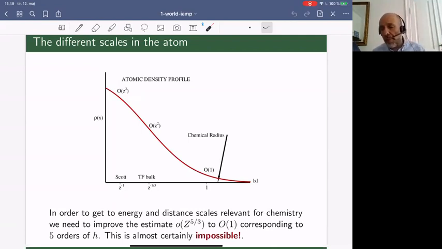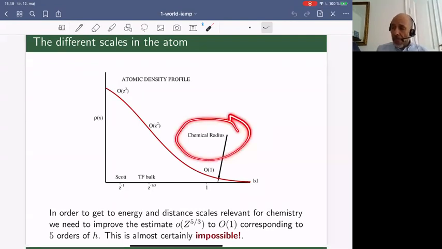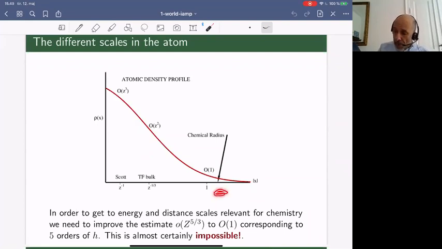And then when you sum them all, it converges. However, chemistry is happening out at radius 1. We've already seen that we believe that the radius of an atom does not depend very much on z. Ionization energies will not depend very much on z. So we actually think that chemistry is happening out there for a large atom.